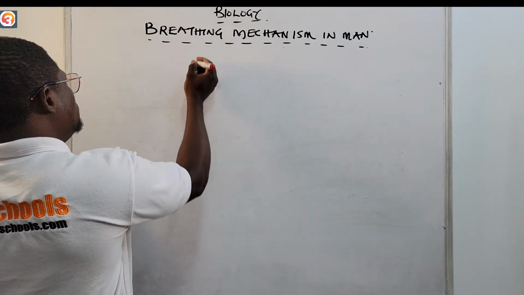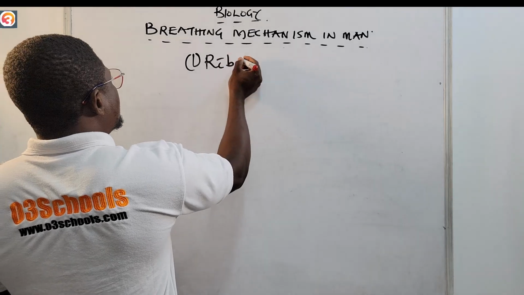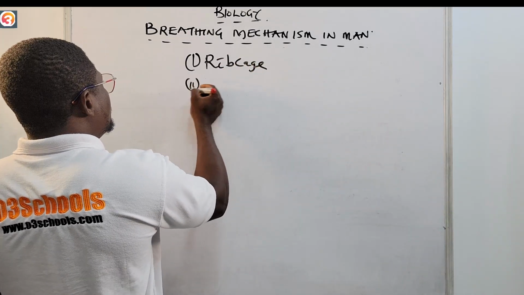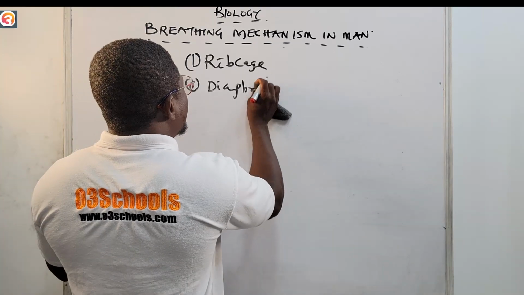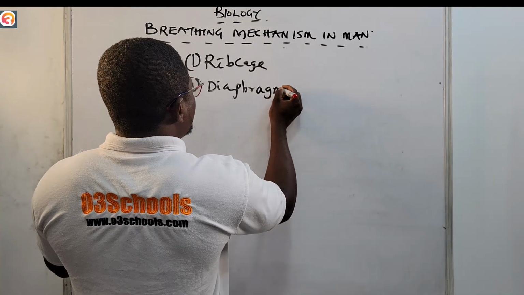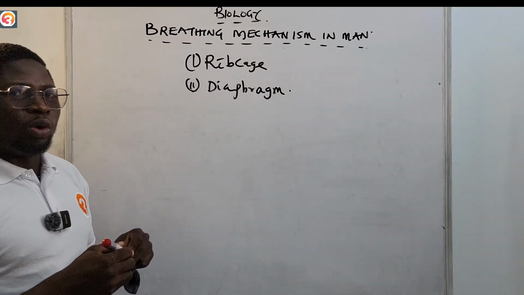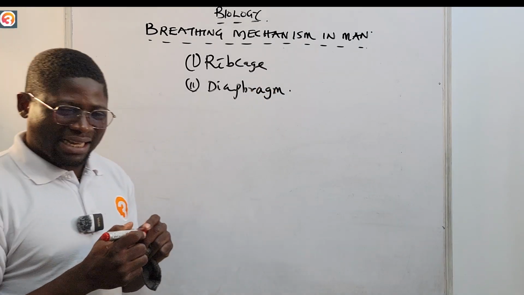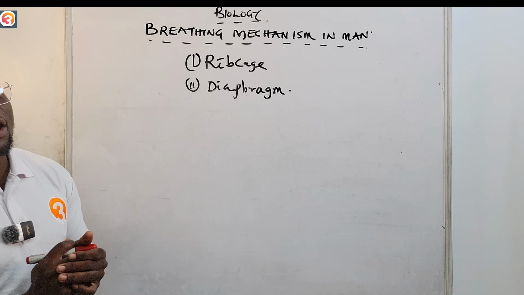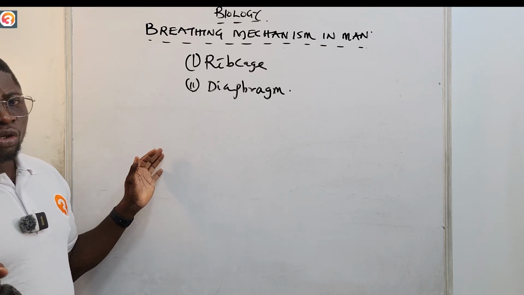Number one, we need the rib cage. Number two, we need the diaphragm. Those are the two parts of our body that play a very vital role during breathing.